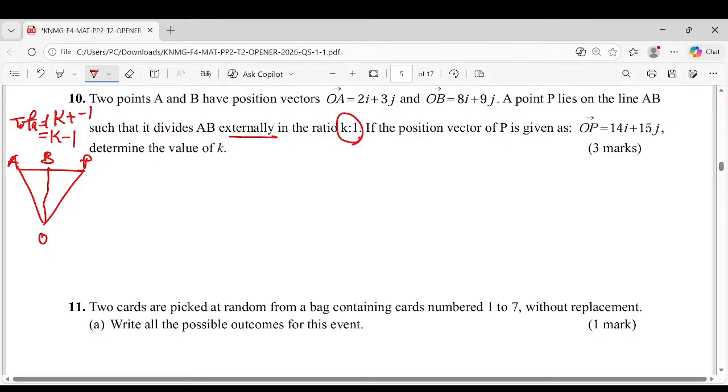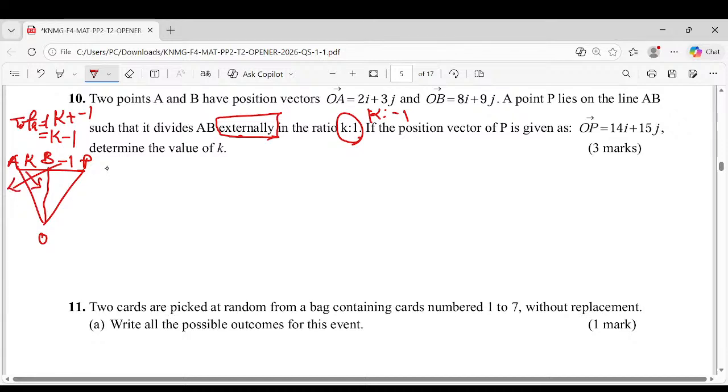This will be k, this will be -1. I know someone will ask me where I'm getting the negative. This is an external division. If the term externally appears, then there should be a negative sign here. Otherwise, that ratio would have been k is to 1. So this one will be going here, this one will be coming here.